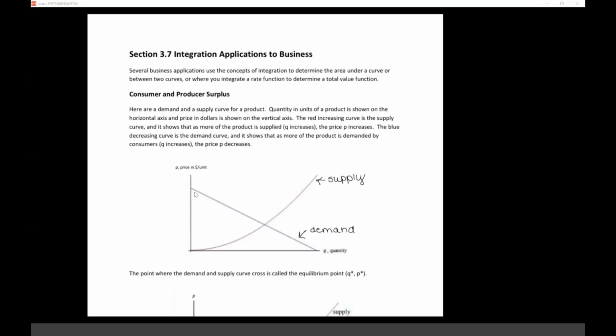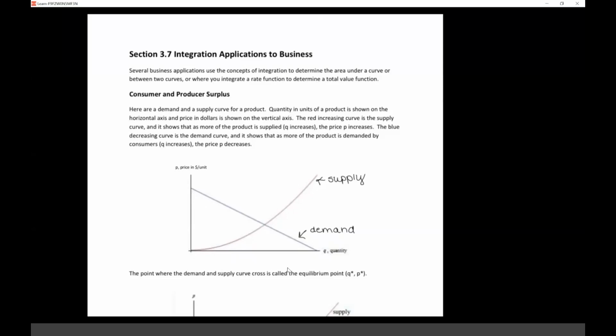You can see over here on the demand curve, the quantity demanded is going to be pretty low. It's near zero here when the price is high. And on the supply curve, you can see the quantity people are willing to supply when the price is high is very high. So think of it like that.